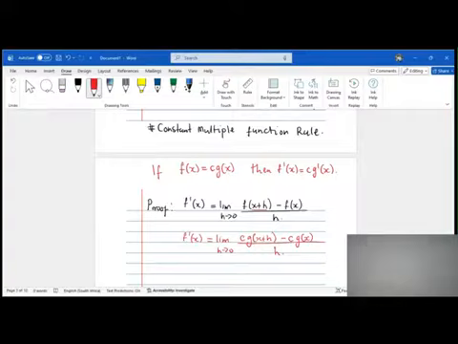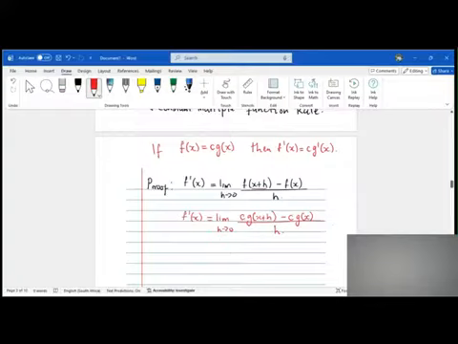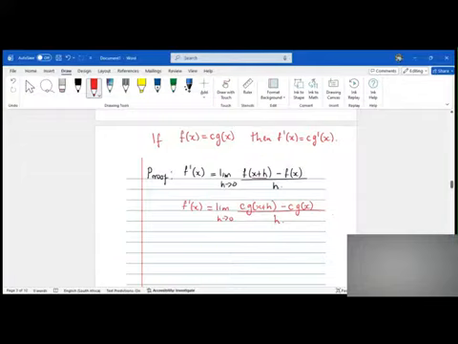Our next step is to try and factor out the constant. So I'll factor out the constant, and I'm going to have c times g of x plus h minus g of x, all over h, as per our factorization there.